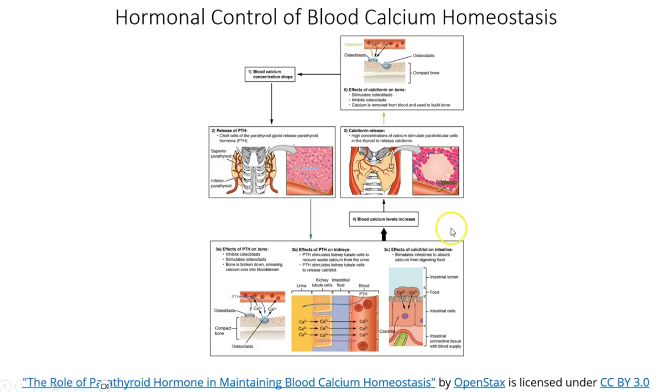And then the third area that it's going to be acting on is the intestines. So it's going to stimulate the intestines to absorb a lot of calcium from whatever food we're digesting. So it's going to be trying to pull calcium out of anything it possibly can in the intestines to help increase those blood calcium levels.